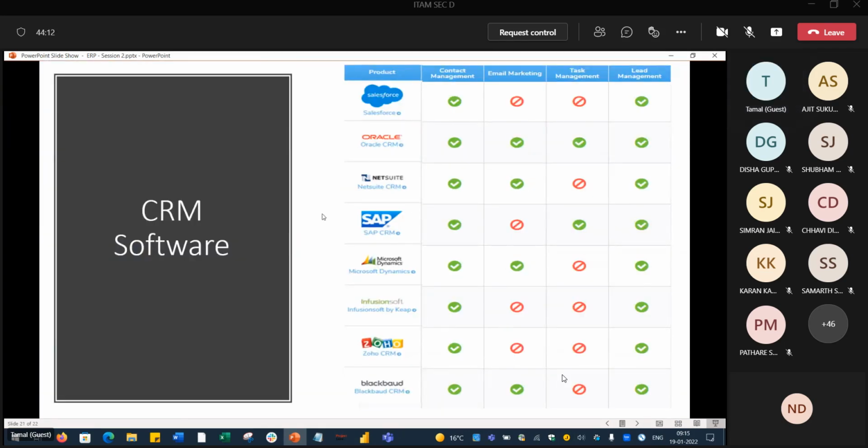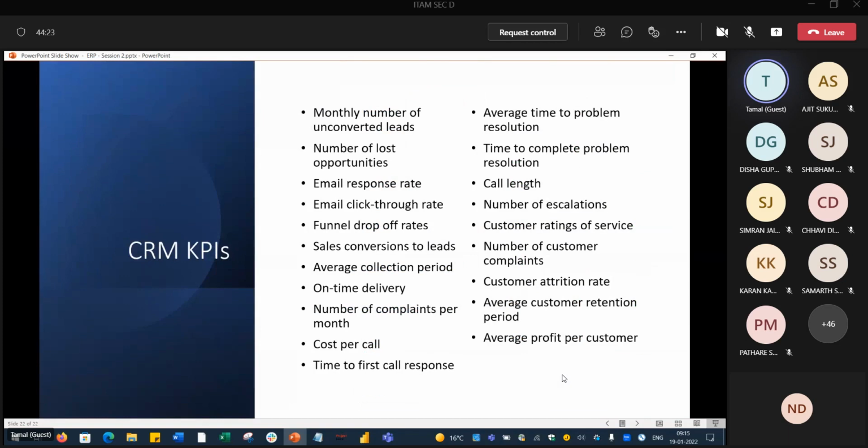CRM has become part and parcel of life for many organizations. Now, if you implement CRM, everybody will come up and say, "You have not done a good job. The previous system was there." So these are the KPIs.